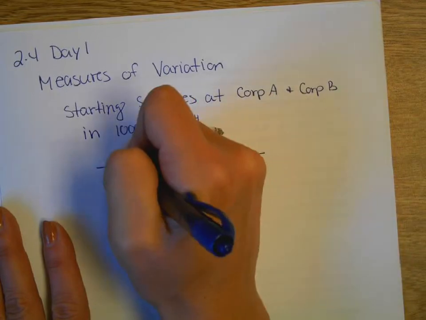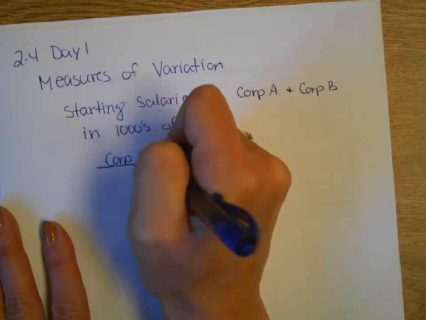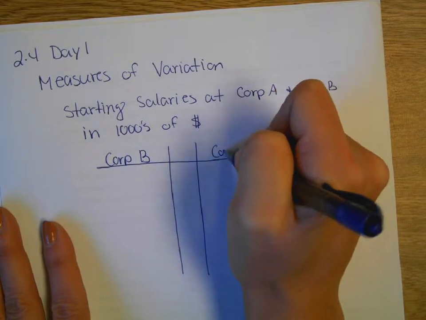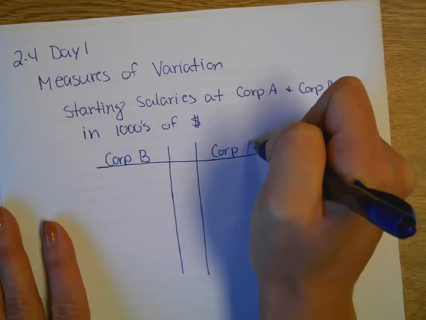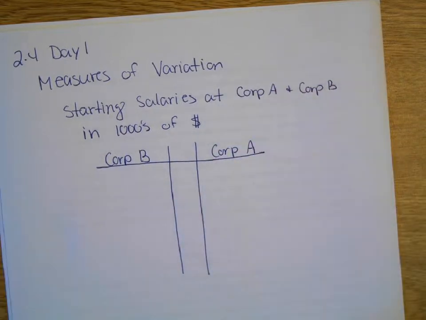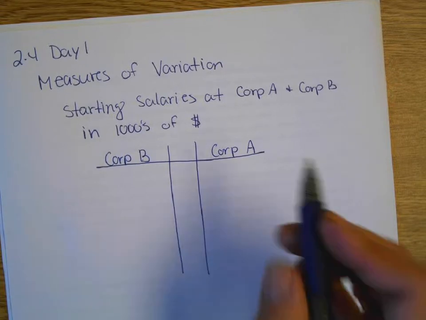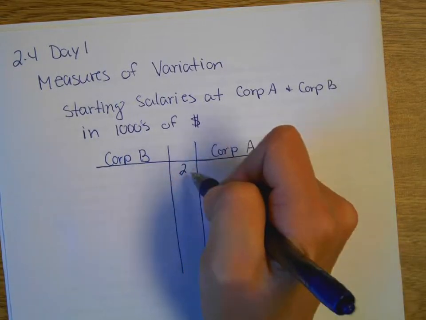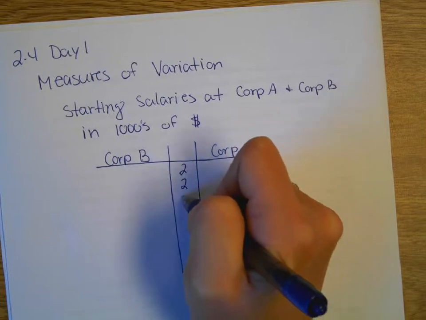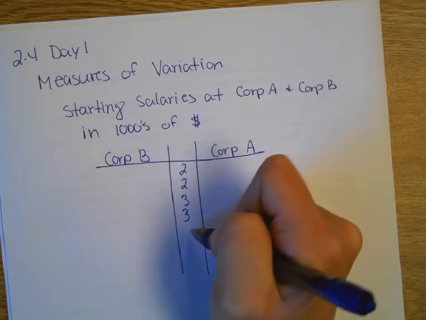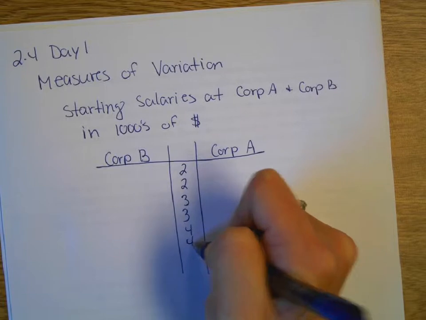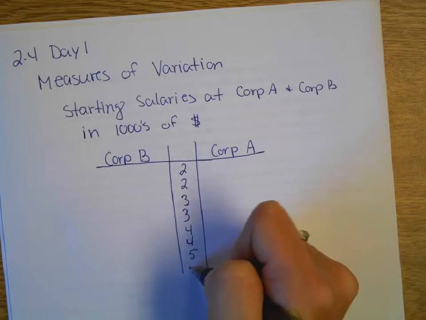Okay, we're going to make this a Corporation B over here, Corporation A over here. We're going to put them back to back in a double stem and leaf. So we got salaries that start in the $20,000 range, 30, 40s, and $50,000 range.